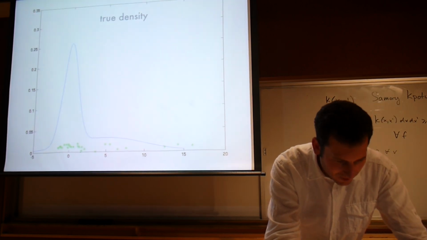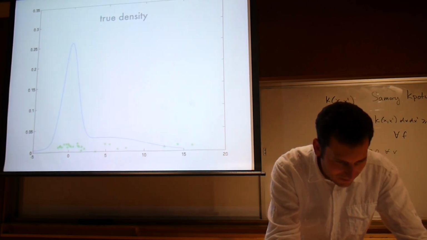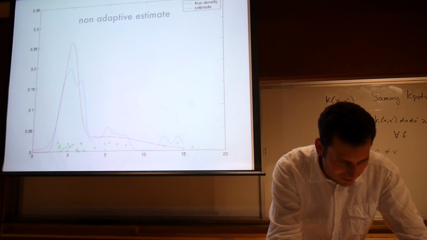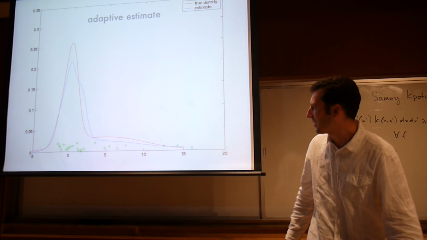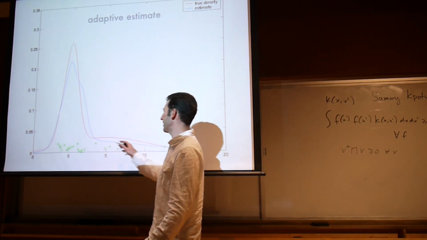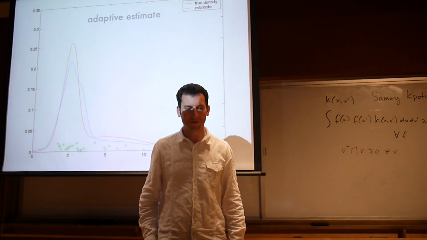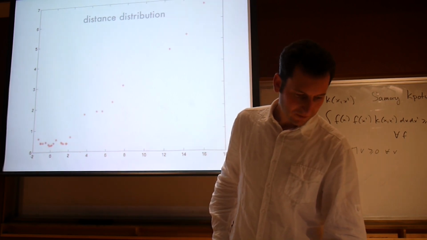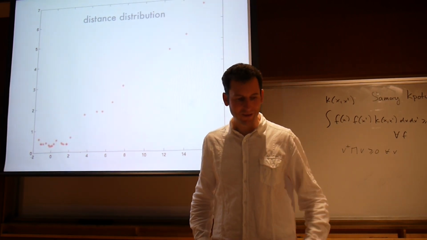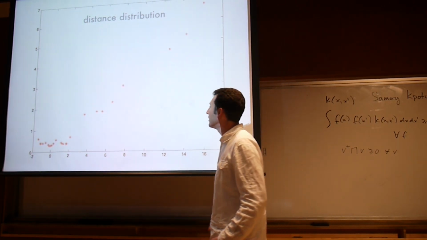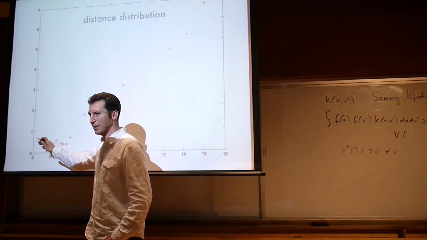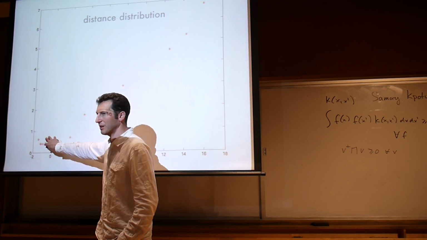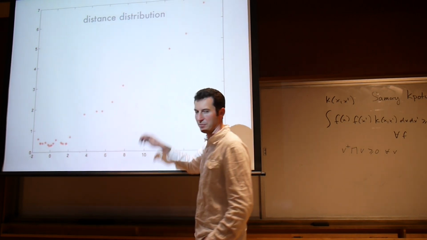There we have the true density, and the non-adaptive estimate is very non-adaptive, as you can see. And the adaptive one gets things right both in the high and low density regions. This is a bit of an idea of the distance distribution that you get, and you can see that there's clearly a fair number of instances that are very close, and there are some that are very far from each other.